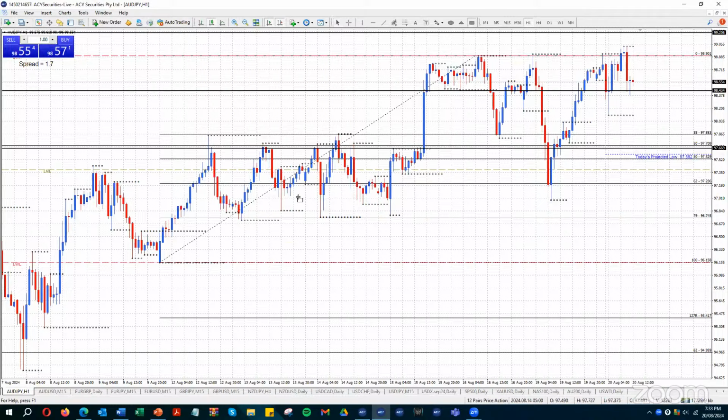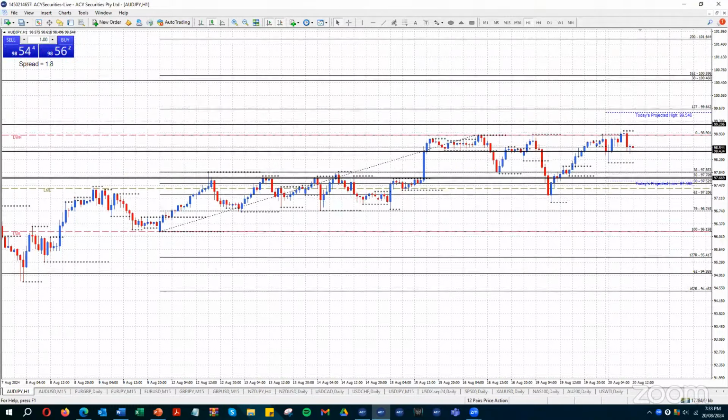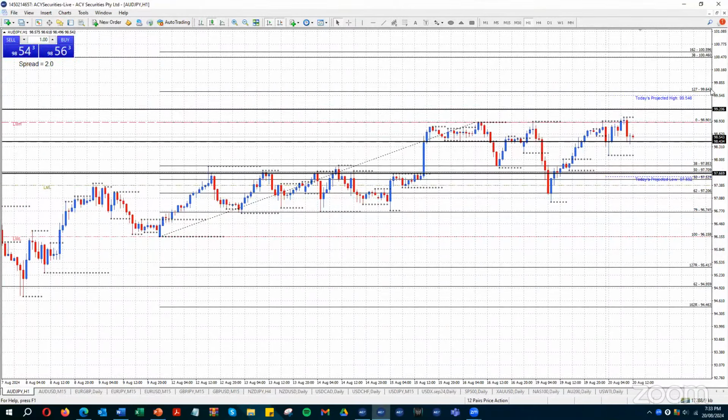Look where all the support is. Can you see why we got support there yesterday? So I think we may put in the low of the week, and we're going to be searching for the 127 extension of that range, which is up at 99.64.